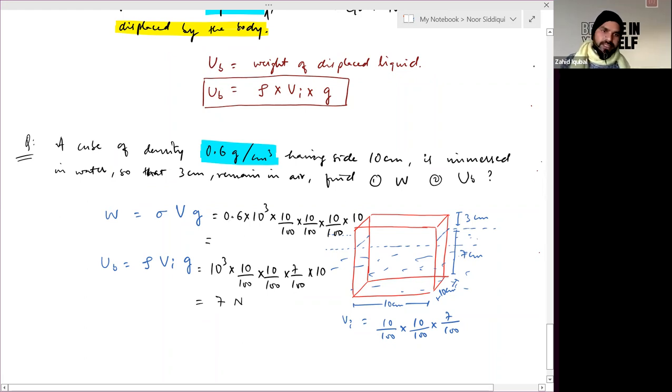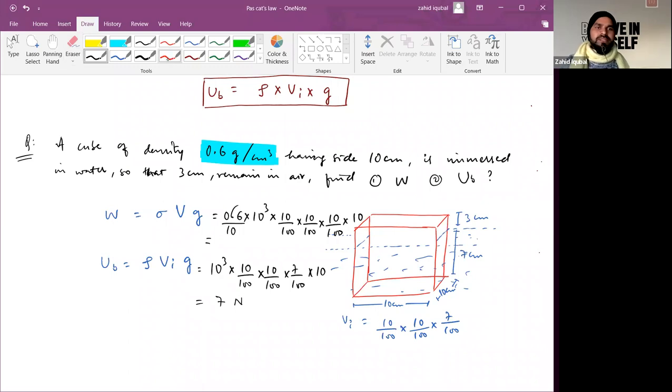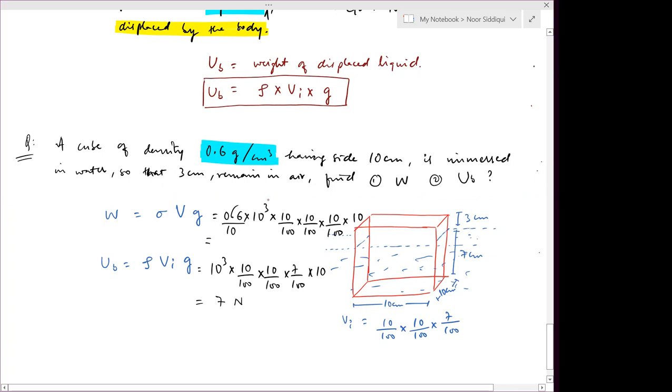And for the weight, 0.6, you may remove this decimal and write 10 in the denominator, and just count how many zeros in numerator and denominator we have. Noor? So in the numerator, only 5 zeros are there, right?